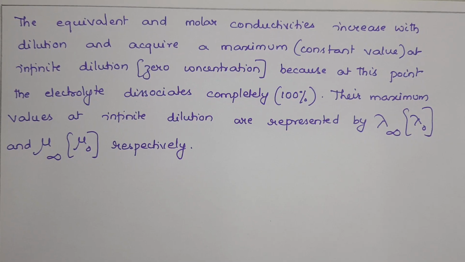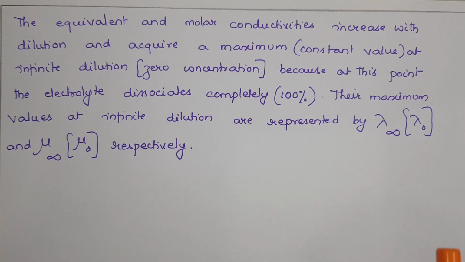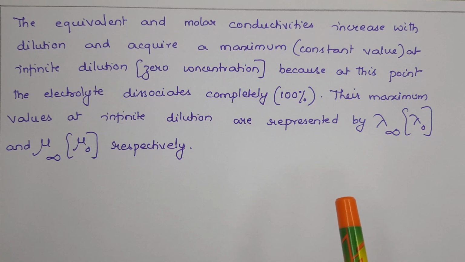So how do we conclude? The equivalent and molar conductivities of a solution increase on dilution and they acquire a maximum constant value at infinite dilution. Infinite dilution means maximum dilution. What is maximum or infinite dilution, students? It is a zero concentration.